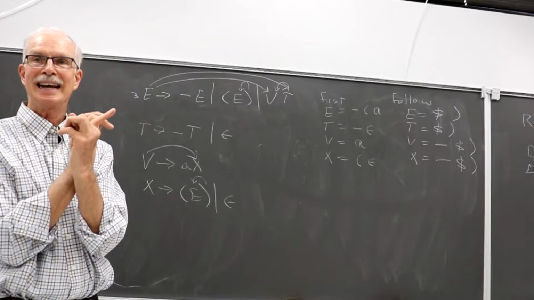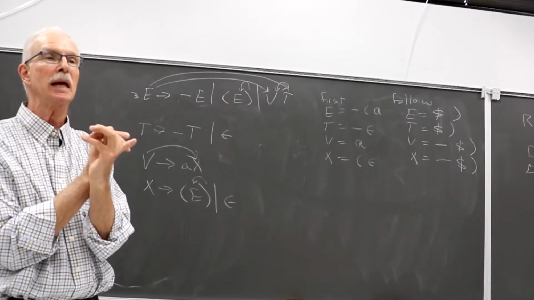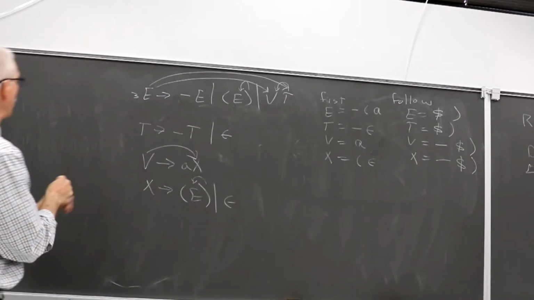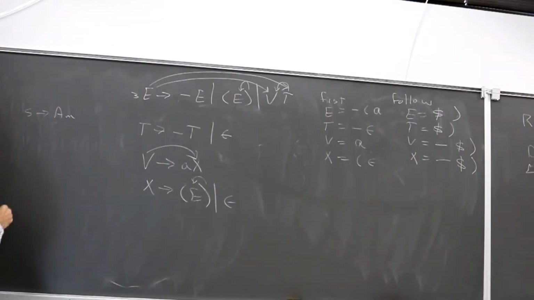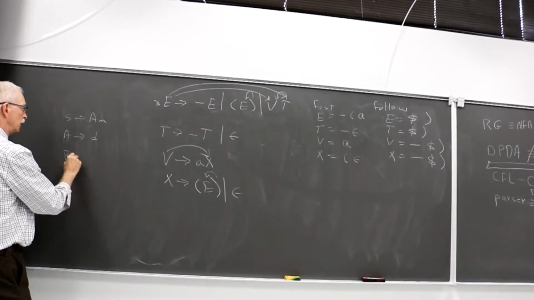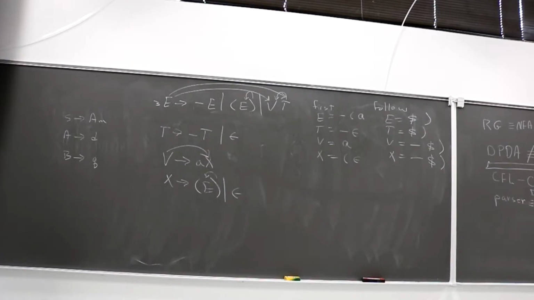Follow sets don't contain empty. Follow sets are not empty. Follow sets will never be empty if the grammar is well formed. If I write S goes to AM and A goes to D and B goes to Q, yeah, the follow set of B is going to be empty, because the grammar isn't well formed.